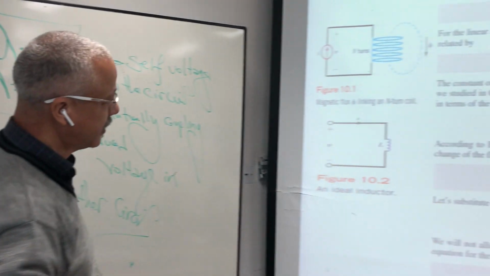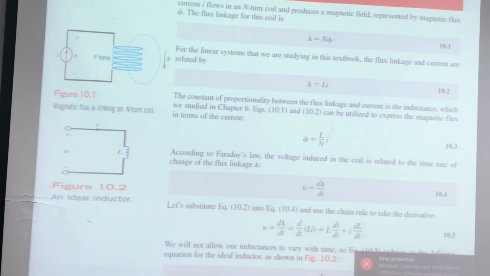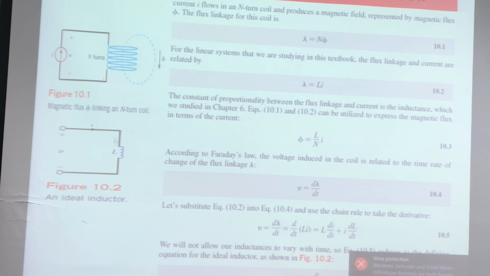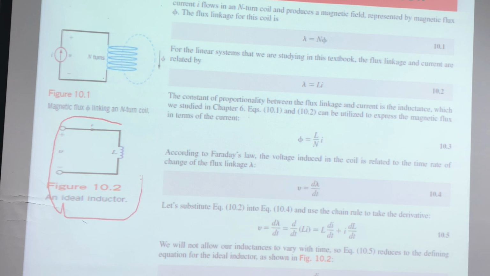So here we are going to deduce the voltage in a coil. Simply, if I have a coil like this one, and there are currents here, and I have L, so what is the voltage? The voltage equals L di by dt. Voltage equals d lambda by dt.